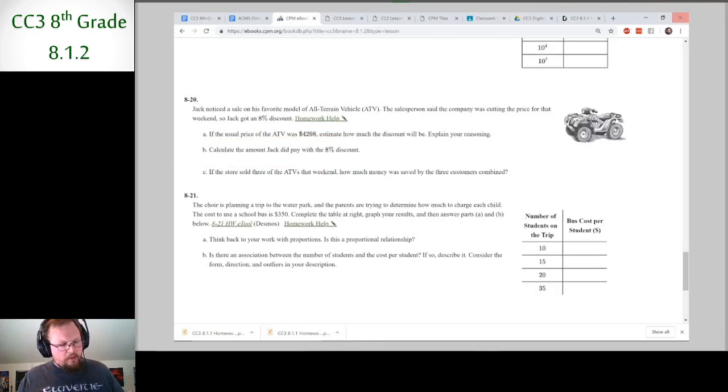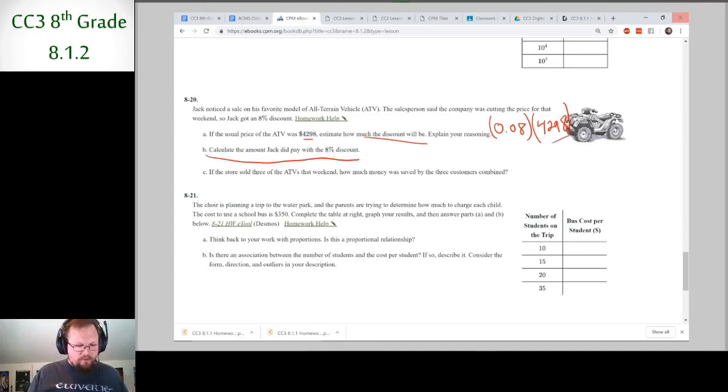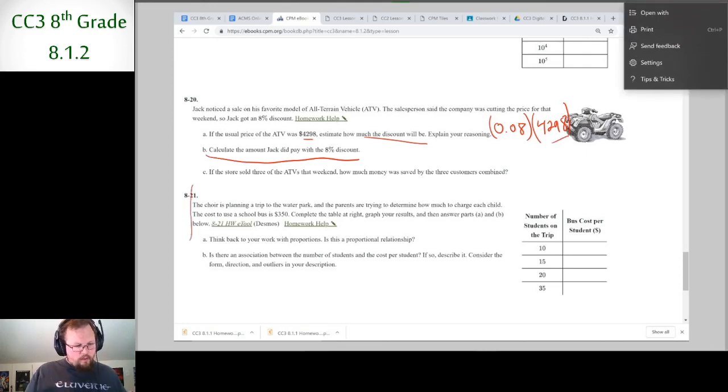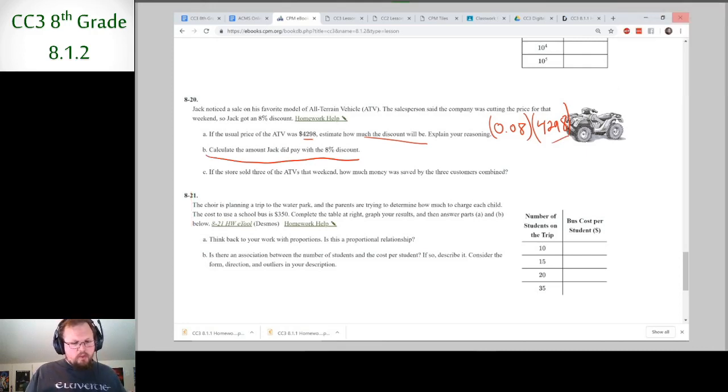So for the discount price, you do 0.08 times the price, which is $42.98. And if you want to know the amount that he pays, you take this amount minus the value you got there.